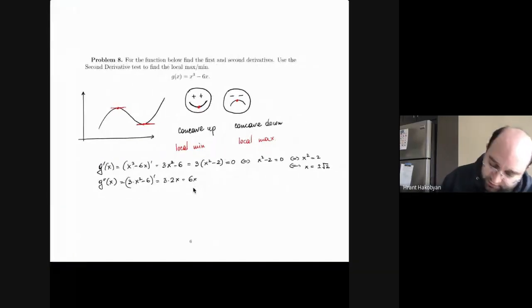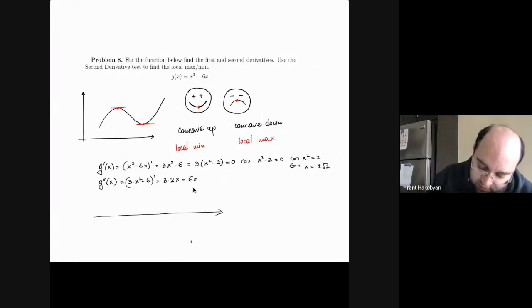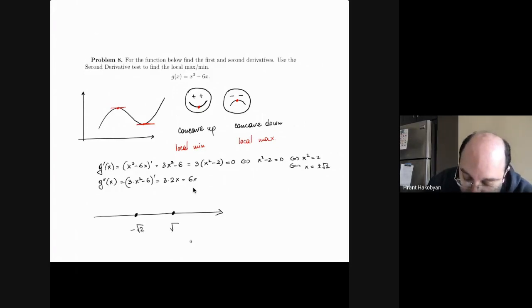So those are my roots of the derivative, the places where I have a local maximum or a local minimum. So this is minus square root 2, and this is plus square root 2.